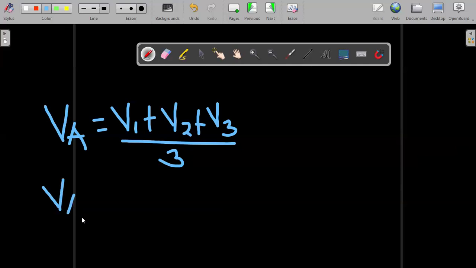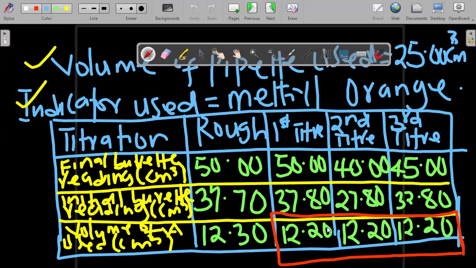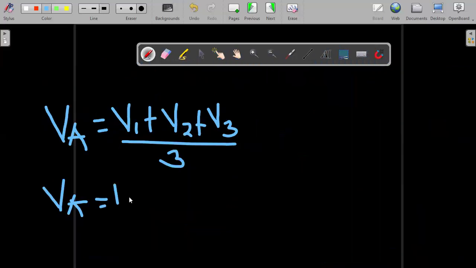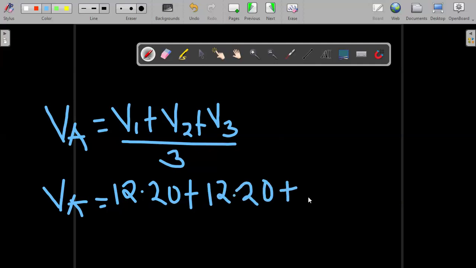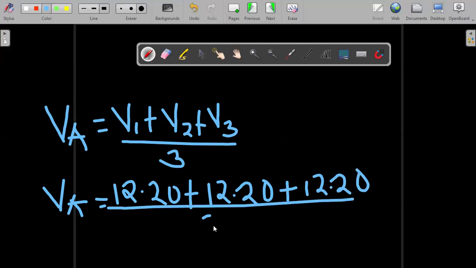So my VA now will be what? So I will consider the first V. What is the first V here? This, 12.2. Second V, 12.20. Third V, 12.20. So I will have 12.20 plus 12.20 plus 12.20 divided by 3.